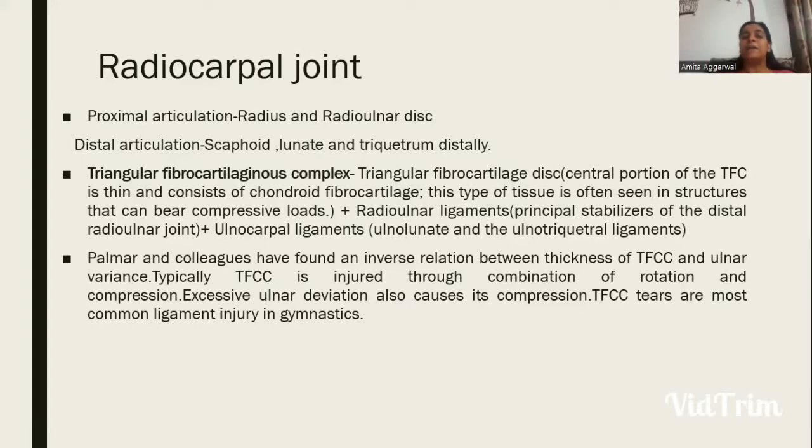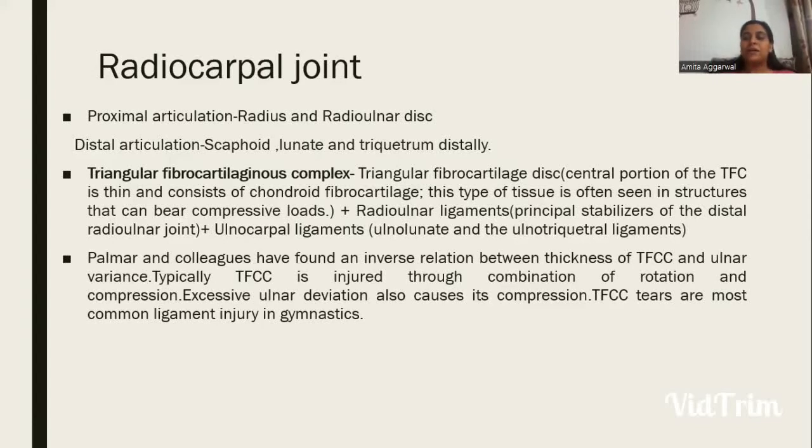And the ulnocarpal ligaments, the ones which unite your ulna to the carpals, that is the ulnolunate and the ulnotriquetral ligaments. Palmer and colleagues found that there is an inverse relationship between the thickness of the triangular fibrocartilaginous complex and the ulnar variance.